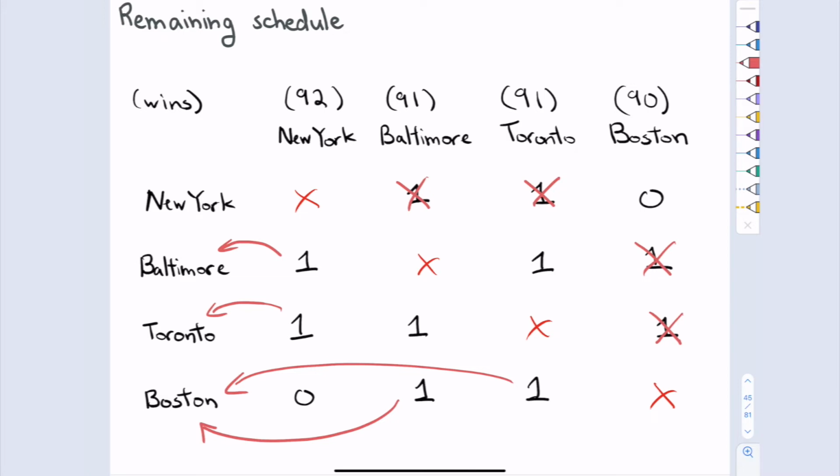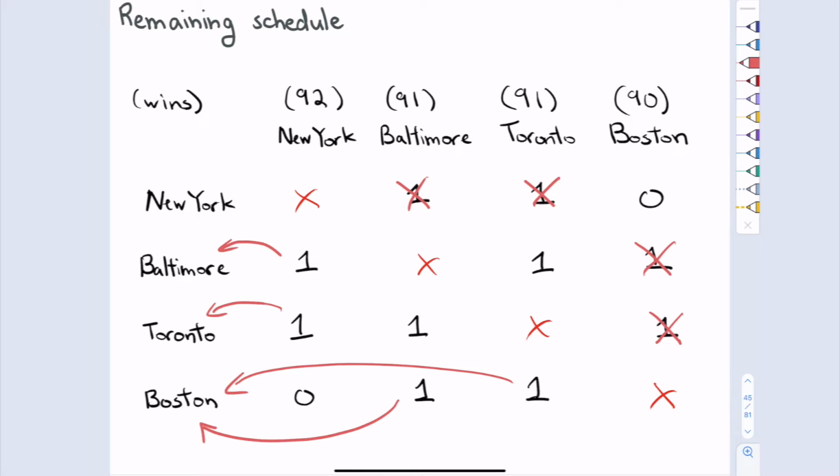This is just to make sure that Boston gets as many wins as possible and the Yankees don't win anymore, because they already have 92, so those are necessary. But now we're left with Baltimore and Toronto each having 92 wins, and there's 1 game left between them. So whoever wins the Baltimore-Toronto game will get the 93rd win. Okay, so it's actually impossible for Boston to make the playoffs.